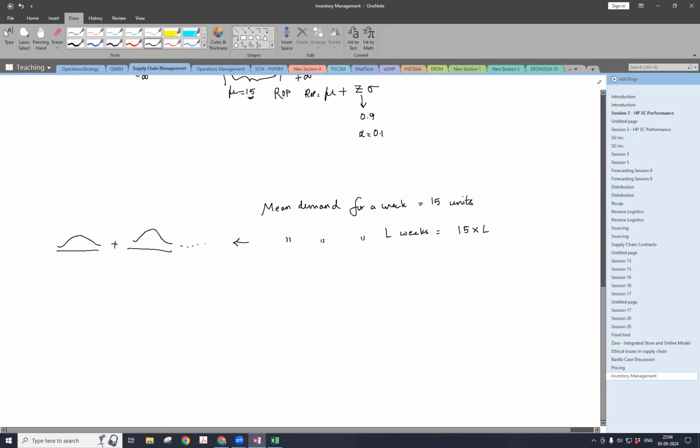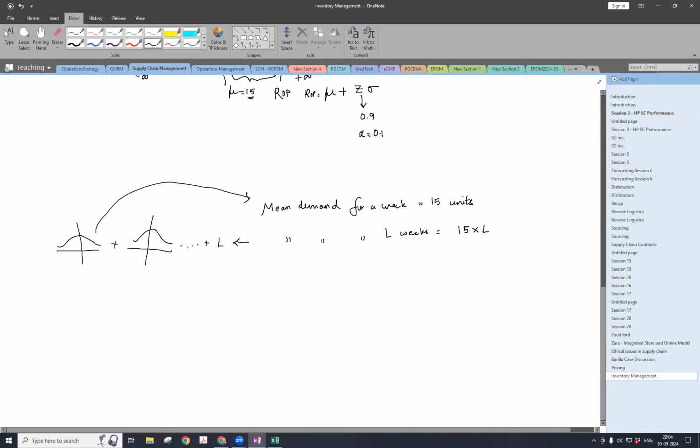How many such normal distributions am I adding? I am adding L normal distributions, because this particular normal distribution is for 1 week, right? But I need it for L weeks. So here we make an assumption that our demand is independent from 1 week to the other, which allows us to add these things. So when there are L weeks of demand added, it becomes 15 into L.